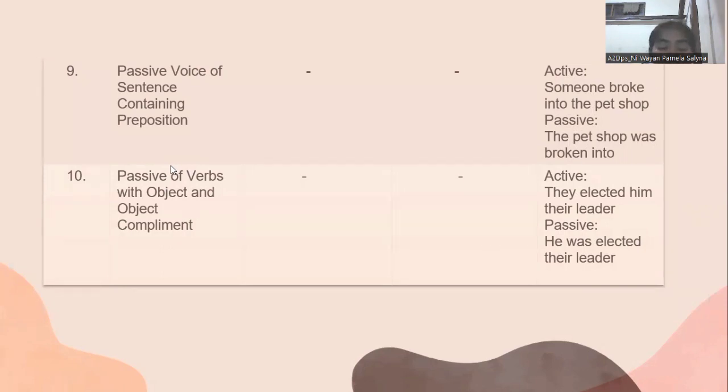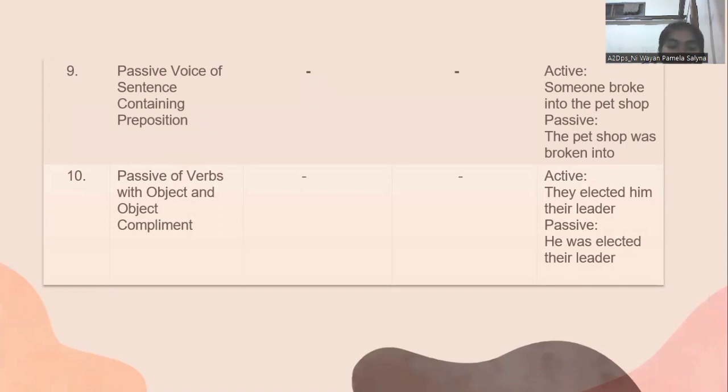For the example in active voice: someone broke into the pet shop. And for passive voice: the pet shop was broken into.